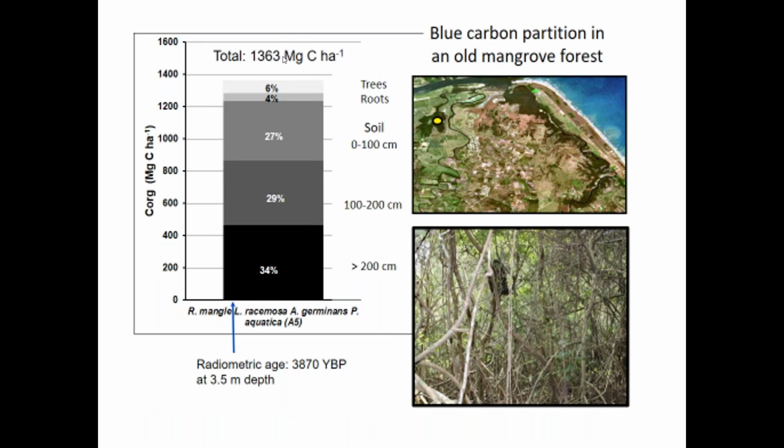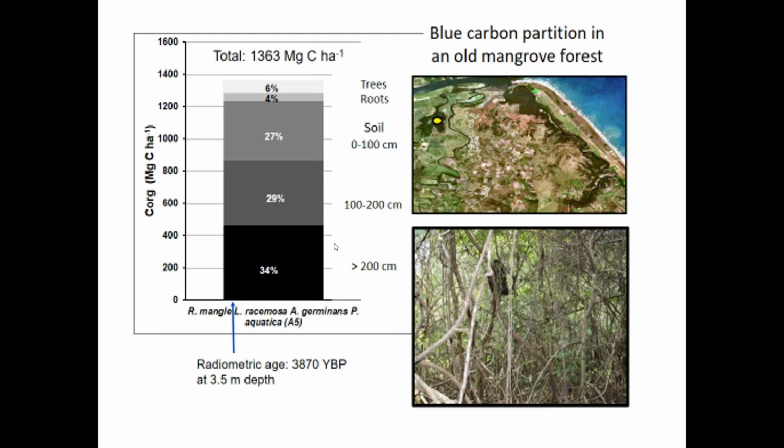With these soil corers, we can get very deep. In this case, you're looking at a sample of 3.5 meters in the mangrove in the zone of Tecolutla, which you can see here. It's an estuary, and this bar is showing that about 10% is represented by the aboveground biomass, and 90% is represented by the belowground biomass.